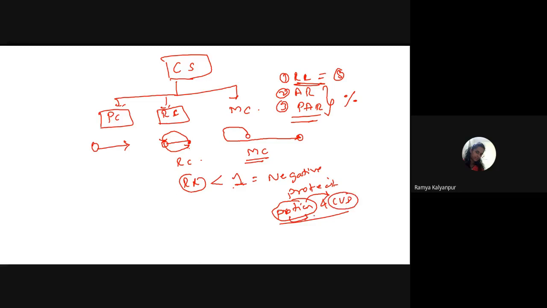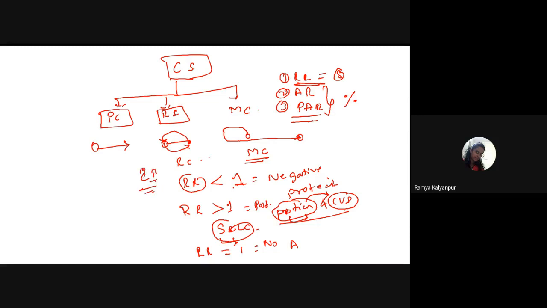That means whoever consumes more proteins has less chance of developing cardiovascular disease. A relative risk value of more than 1 means there is a positive association. For example, smokers and lung cancer: smokers have a higher chance of developing lung cancer. And relative risk equal to 1 means no association; smoking is not related to lung cancer. This is the interpretation of relative risk.